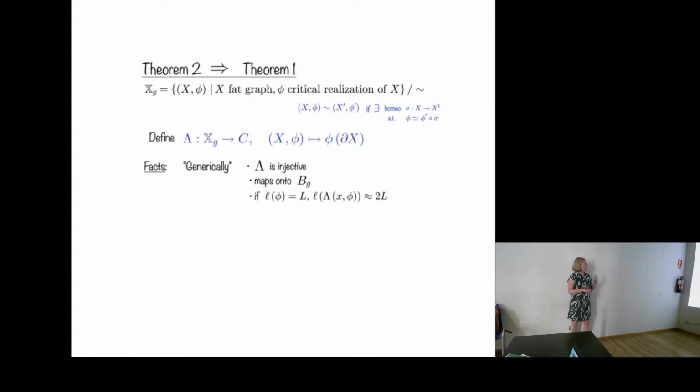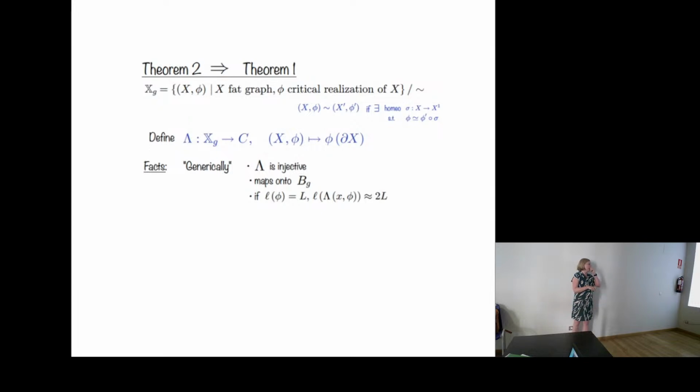There's definitely something to prove here, but this is nothing hard. I'm just saying that the length of the realization, the length of the image of the graph, if that's L, then the length of the corresponding curve is about 2L up to an additive constant that depends on, I guess, the number of vertices of the graph.